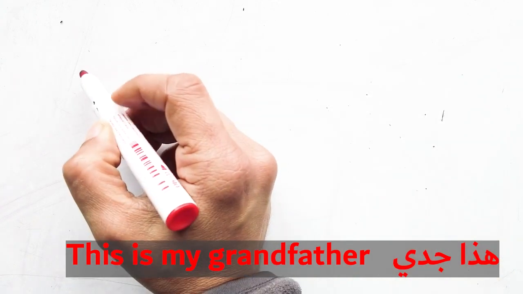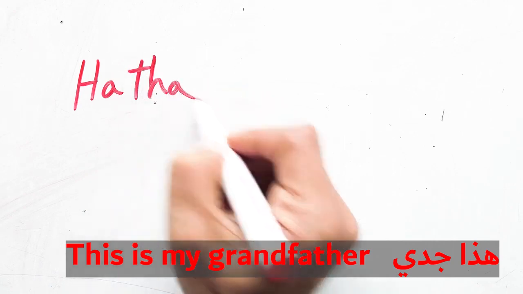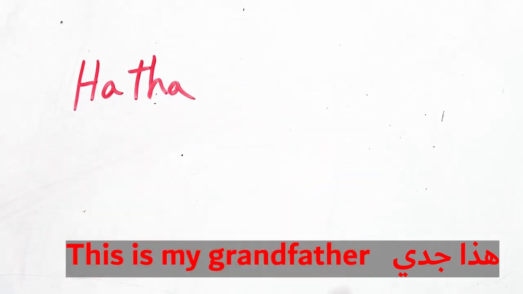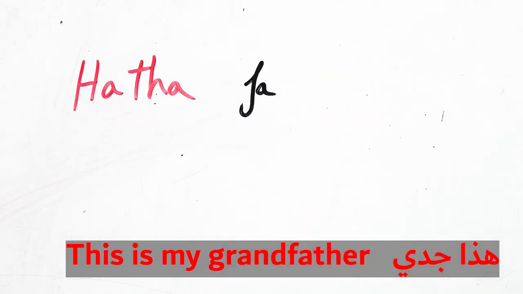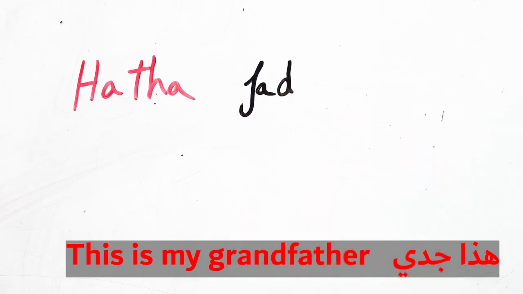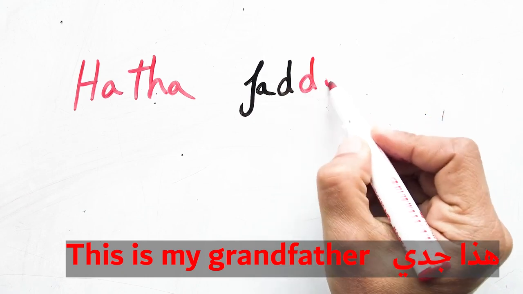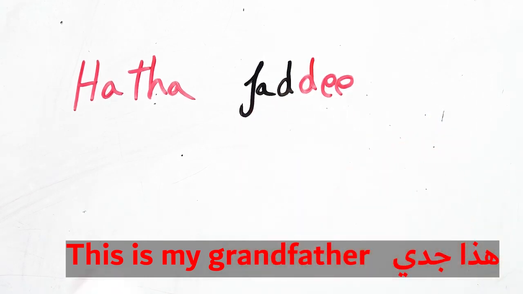This is my grandfather. So it is هذا جدي. ج, and then جد. جدي. I repeat the D two times.